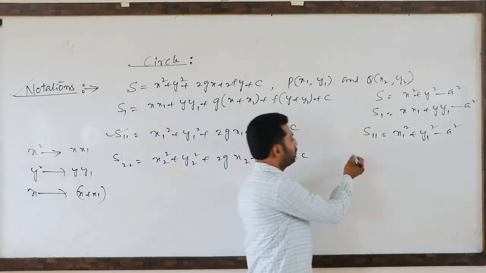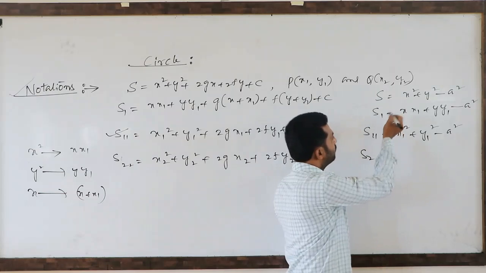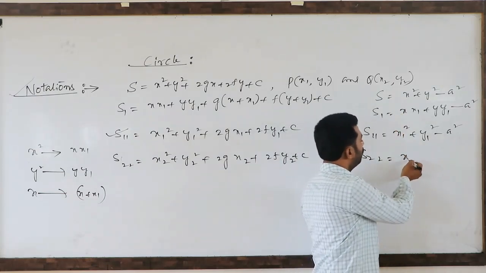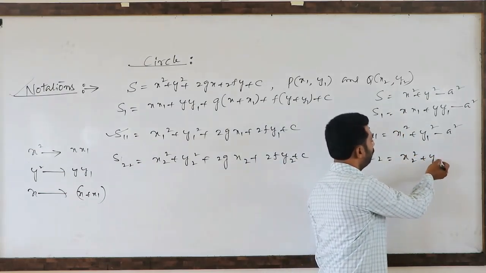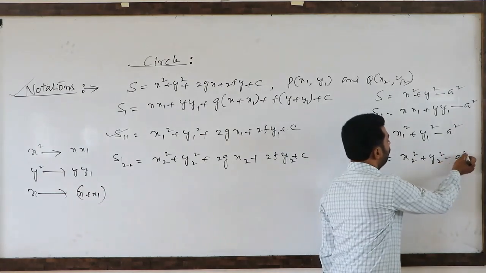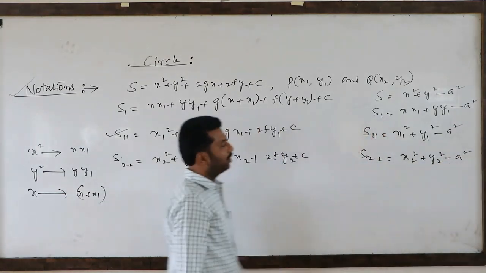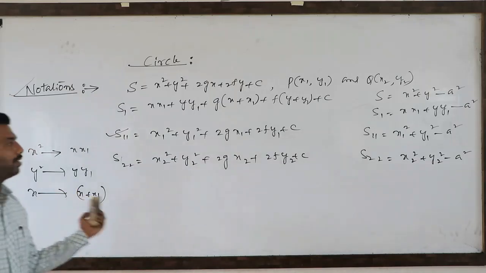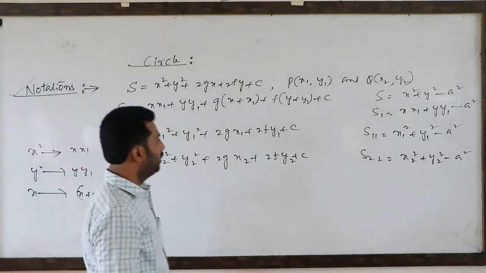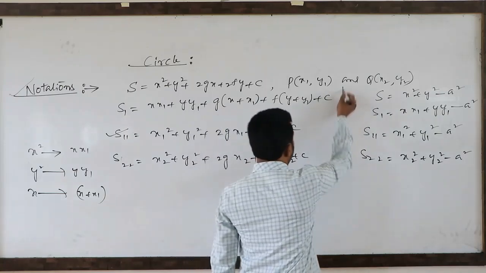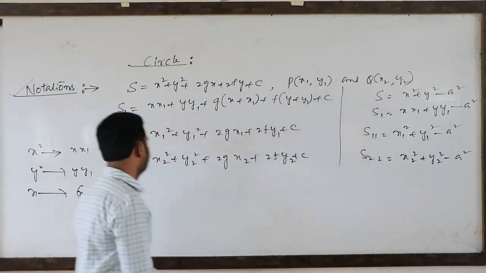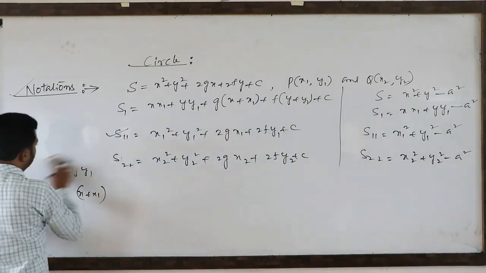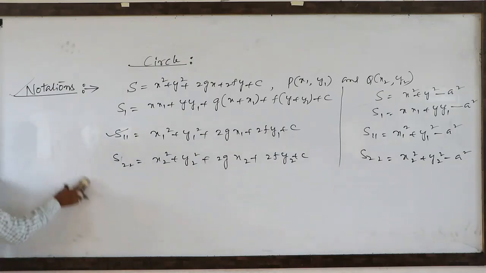Here S22 means we substitute the second point, nothing but x2 square plus y2 square minus a square will come. So these are the notations you have to remember. Based on these notations we are going to solve the problems. So one concept I will take based on this method.